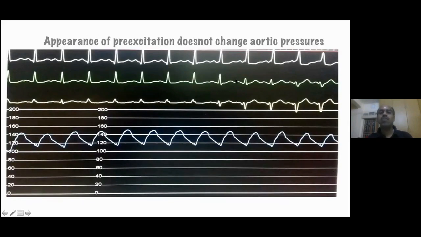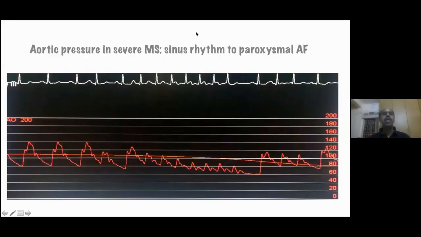We need to understand that pre-excitation, which results in an alteration of the ECG, does not actually cause a hemodynamic pressure difference. The aortic pressure will continue to be the same even in the presence of pre-excitation. Similar to ventricular tachyarrhythmia, atrial tachyarrhythmia also can alter the diastolic filling period and result in worsening of the cardiac output.